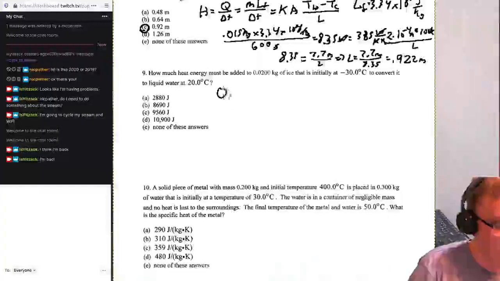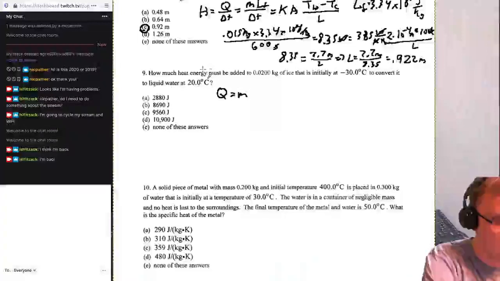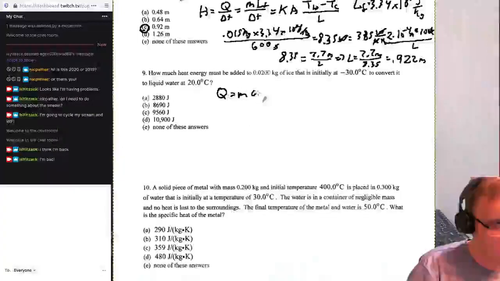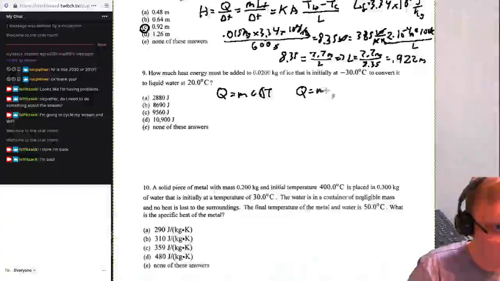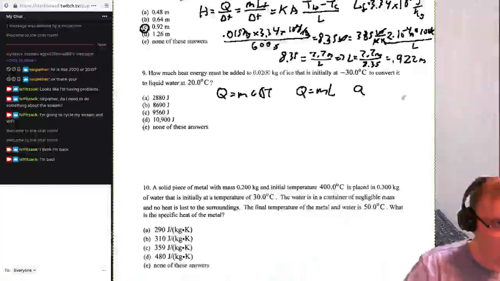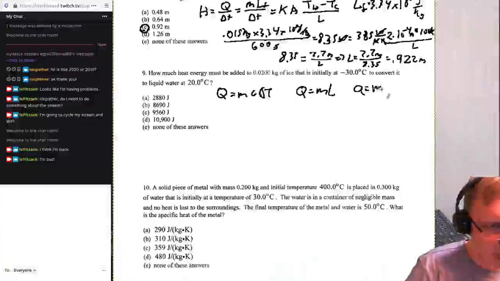So we need Q equal to m C delta T. And we're also going to need some Q to melt it, and some more Q to raise its temperature even higher.